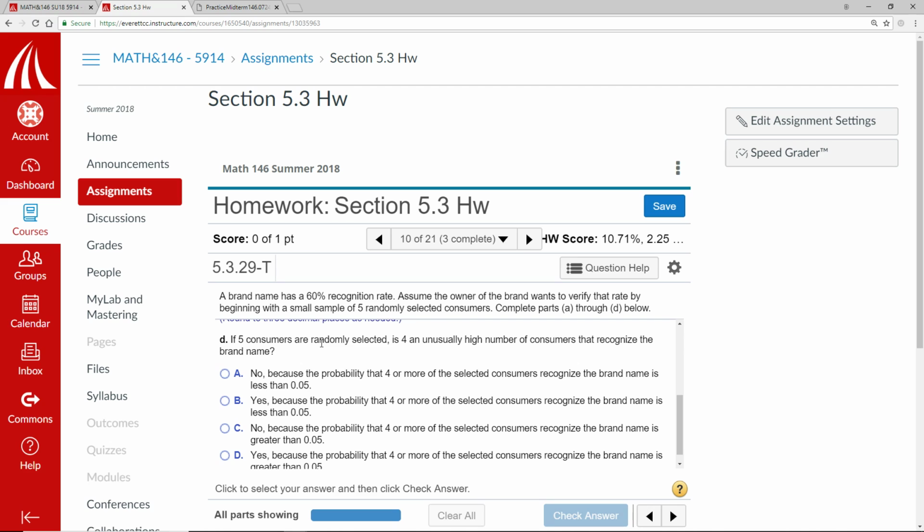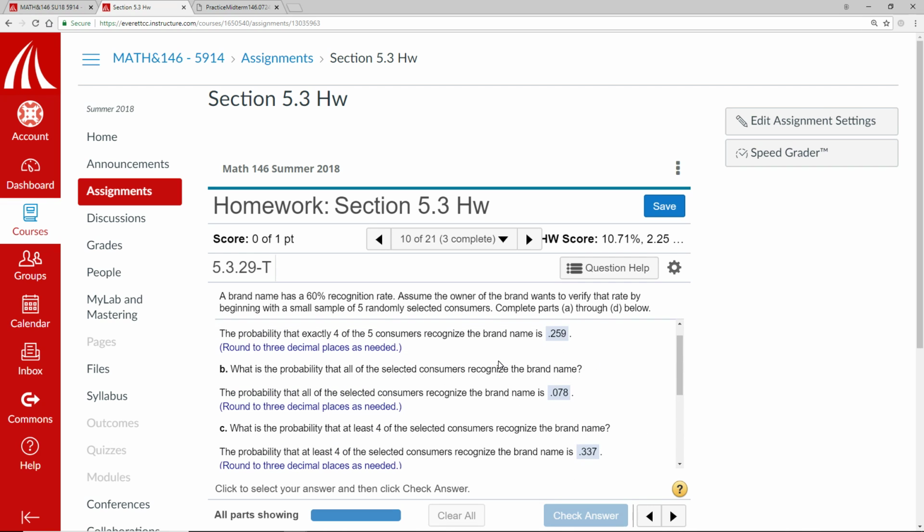If 5 consumers are randomly selected, is 4 an unusually high number of consumers that recognize the brand name? Well, again, what was the probability of exactly 4?